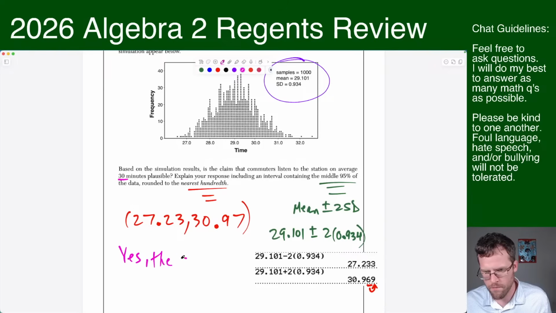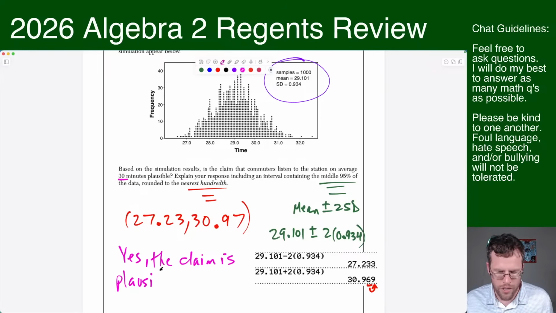The claim is plausible, but you have to use evidence from the interval. Okay, so is plausible. Try not to spell things wrong if the spelling is included in the question. But you still get full credit if you spell wrong and they could sound it out.